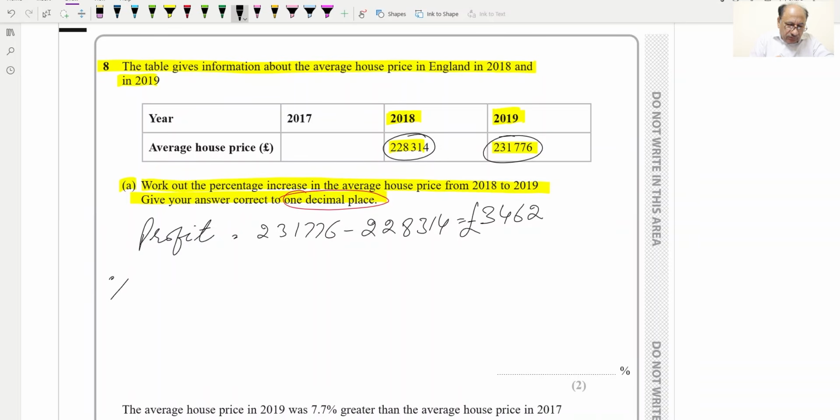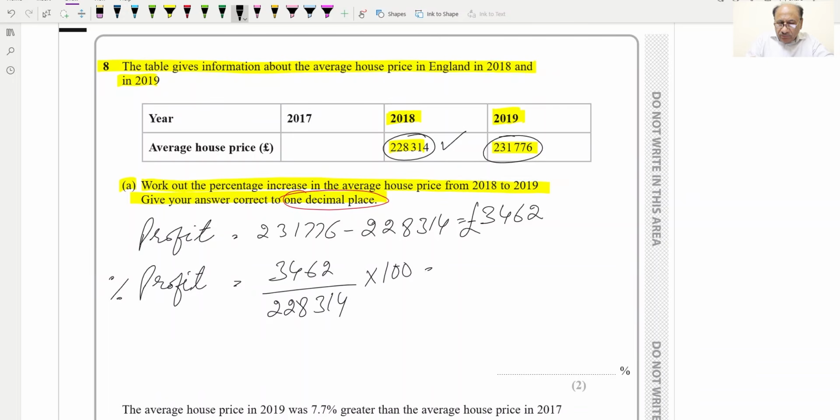Now we can calculate the percentage increase. This 3462 is against this amount, 228314, and we multiply by 100 for percentage.